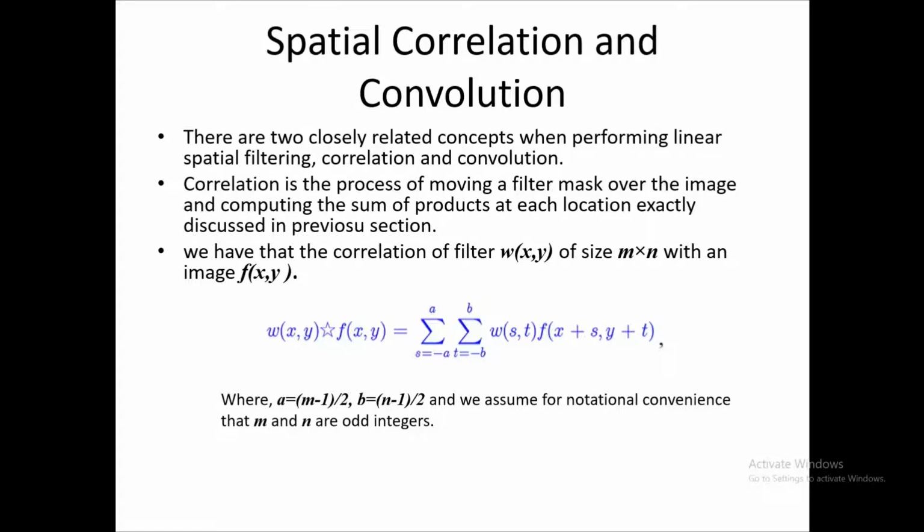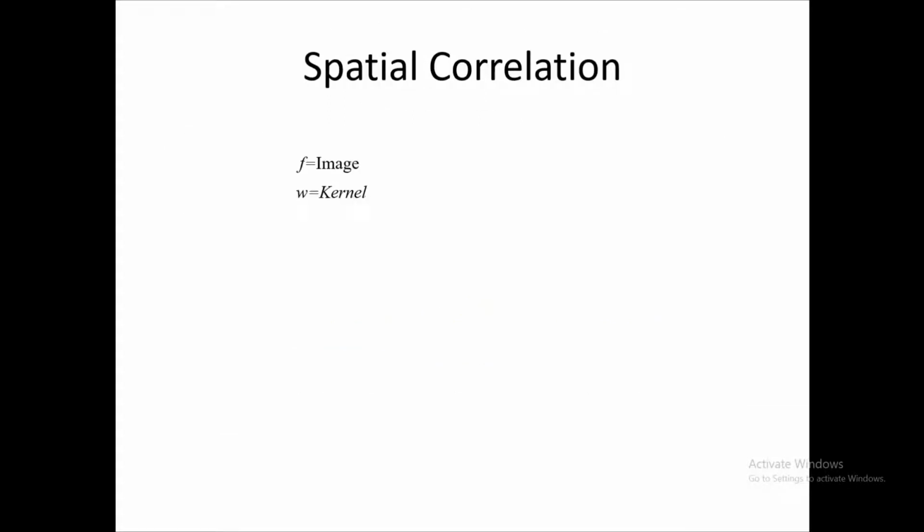Here a and b will define the size of the neighborhood, and a and b depend on m and n. This small m and n will define the size of the neighborhood or size of the window, which nowadays is also known as a patch.